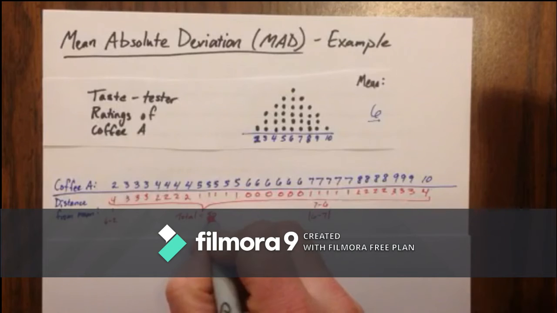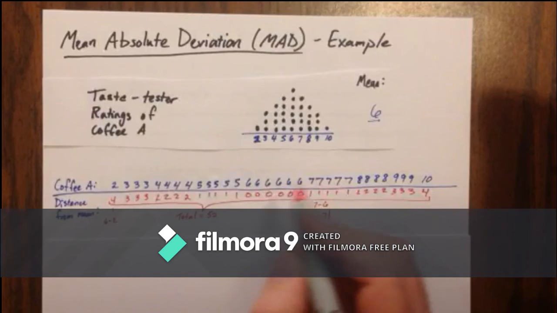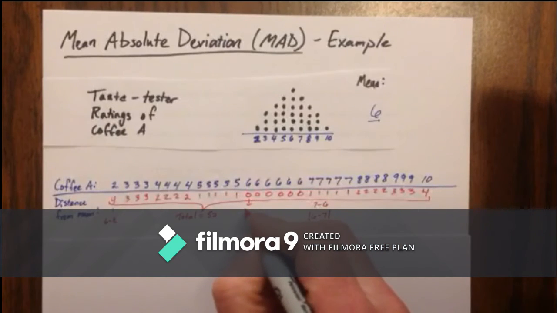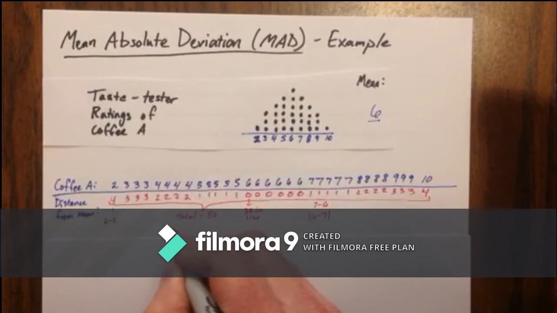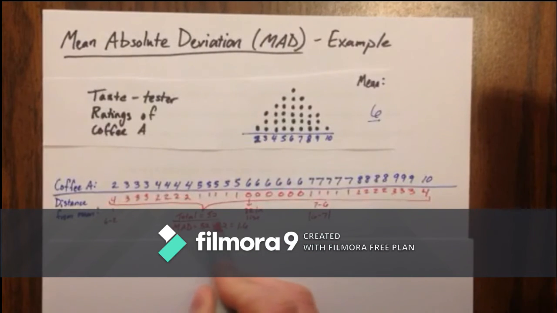So the total is 52. If we then have 32 data points in the list, our MAD, our mean absolute deviation, is going to be 52 divided by 32, which is 1.6 if we round. So this tells me that the MAD for this set of data is 1.6.